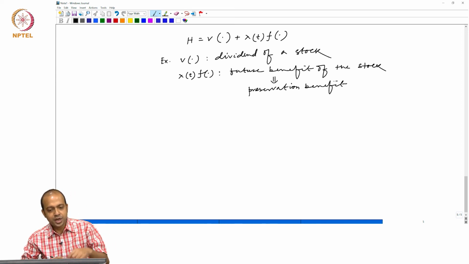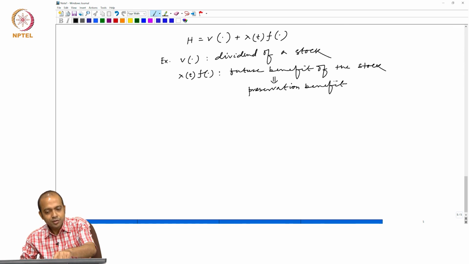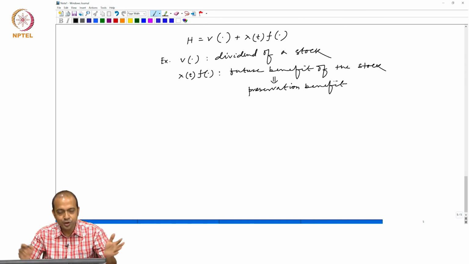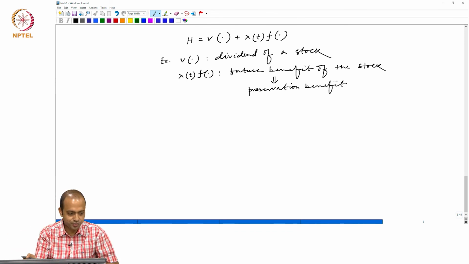That is how we interpreted lambda T, because this stock value, future value, you cannot add with the benefit. So lambda T is converting that future value of stock into some kind of benefit. That is why it is called marginal benefit of preservation. So this is preservation benefit.